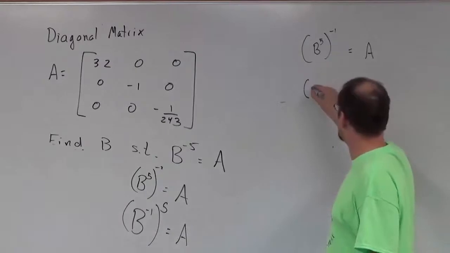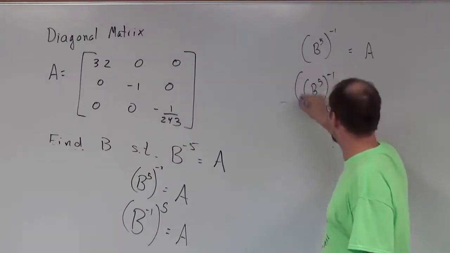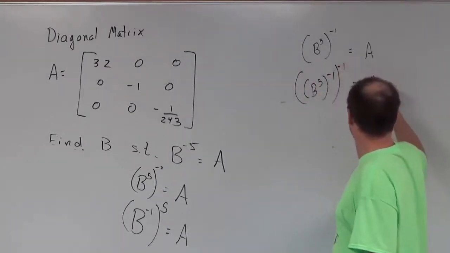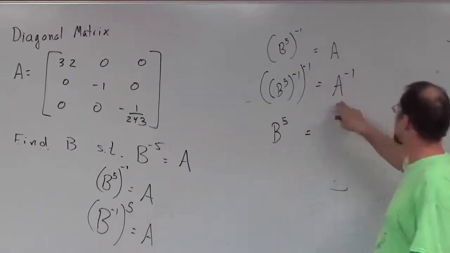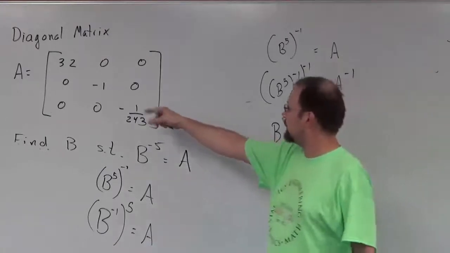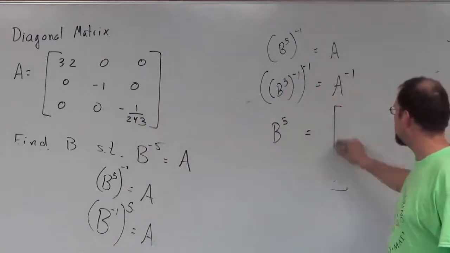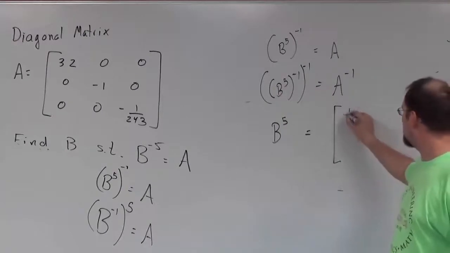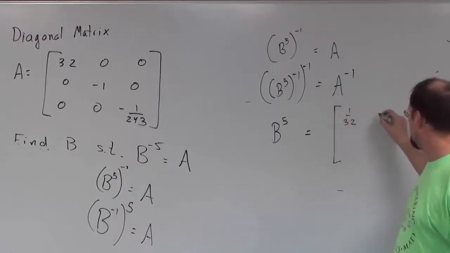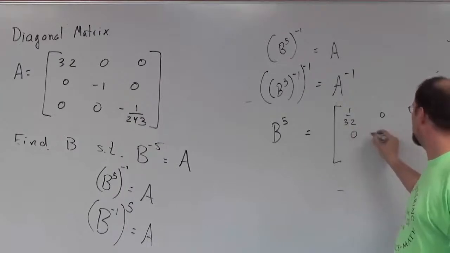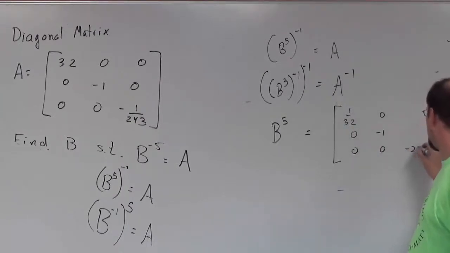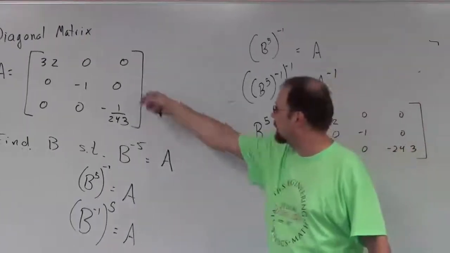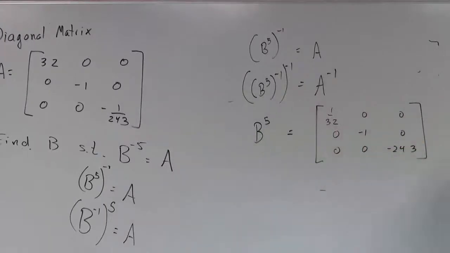Invert, yeah. Inverse of an inverse. Now I get B to the 5 power. And here we are inverting a diagonal matrix, so we know that's simply the reciprocals of the diagonal entries. Reciprocal of -1 is -1. Okay, so we found the inverse of the diagonal matrix.